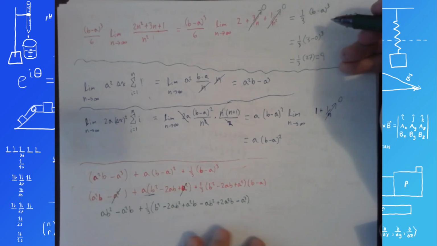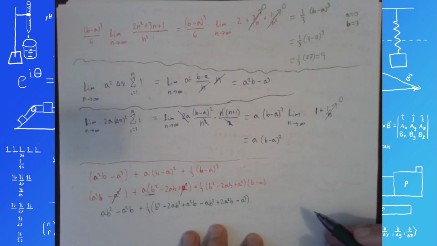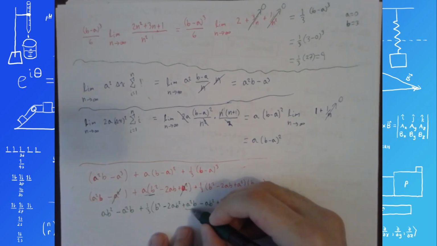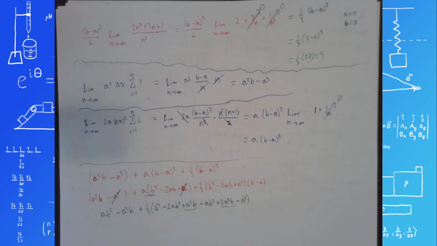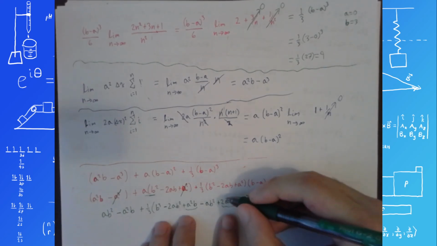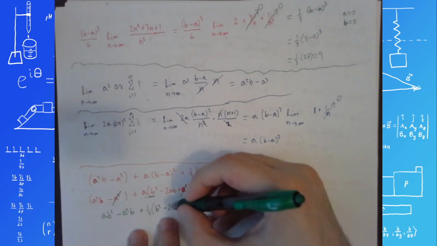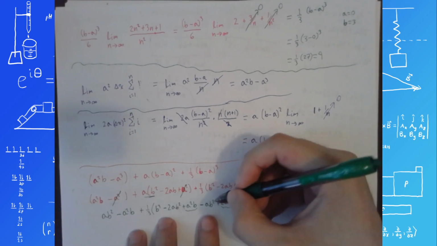Is there anything in here that cancels out? Well, I have like terms that combine. I've got a squared b combines with 2a squared b to make 3a squared b. So I've got 3a squared b, and I've also got minus 3ab squared.